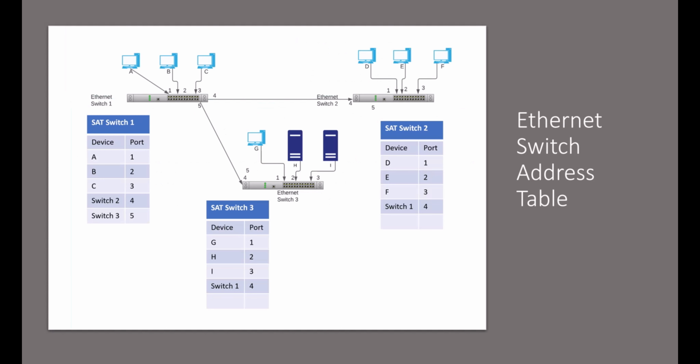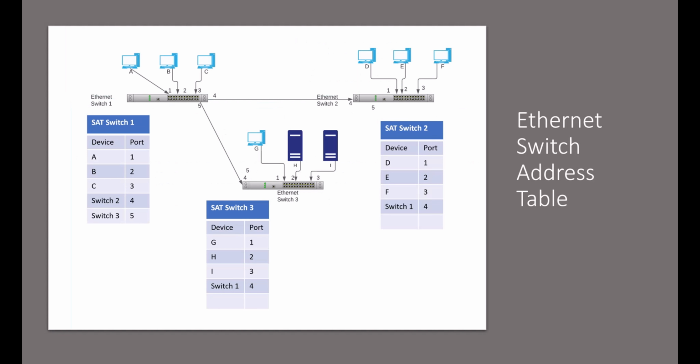When B transmits, it puts B on port 2 of Ethernet switch 1, the MAC address of device B, and C goes on port 3. This switch connects to two other switches, so when switch 2 transmits, switch 1 will know that switch 2 is on port 4, and switch 3 is on port 5.